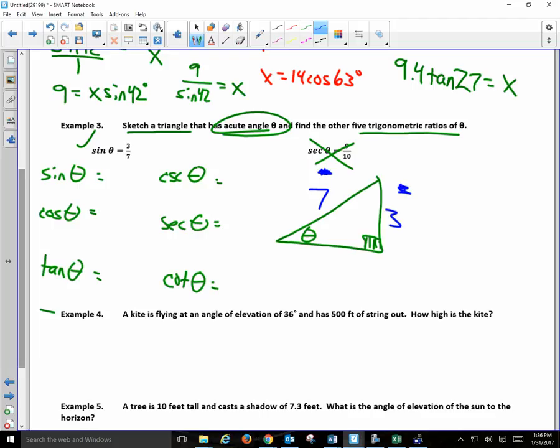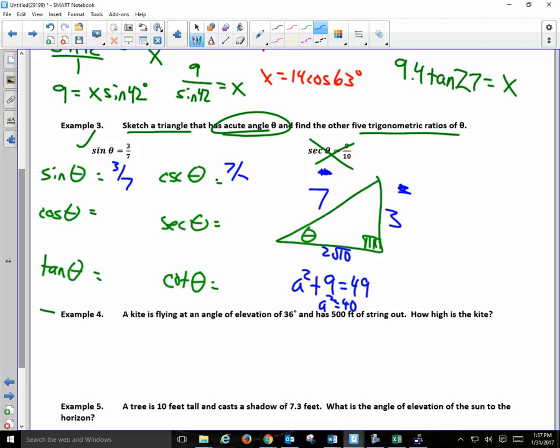How do I find the other side? Pythagorean theorem. A squared plus 9 is equal to 49. A squared is 40. A is 2 roots of 10. So what's sine? 3 over 7.